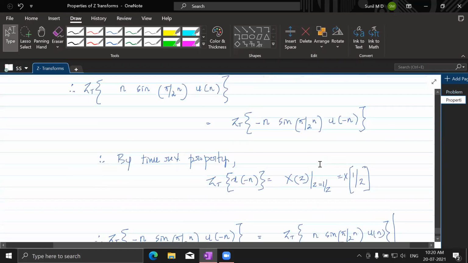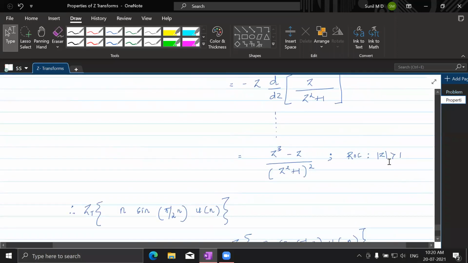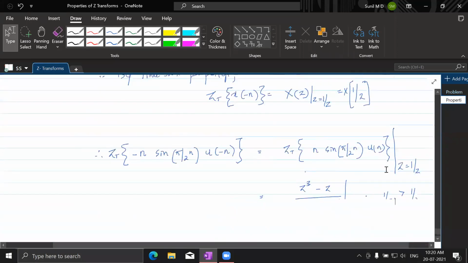So in this, the Z has to be replaced by 1 by Z, and in the ROC, 1 by Z would also become greater than... here you had Z greater than 1, right?